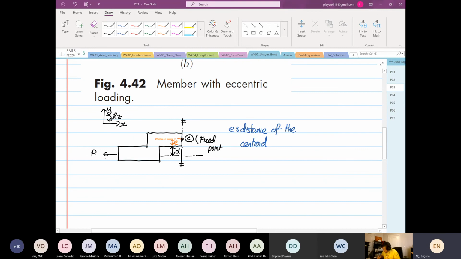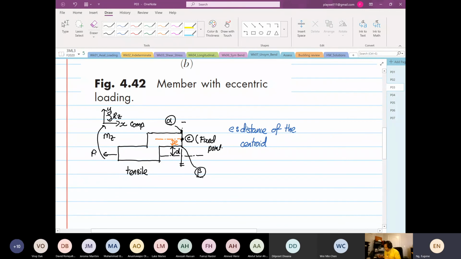We're going to have a moment in this direction. So with moment in Z, the top is known as compression and the bottom is known as tensile, relative to the centroid. Now I'm going to have two extra points. At the top is my point alpha, and at the bottom is my point beta.